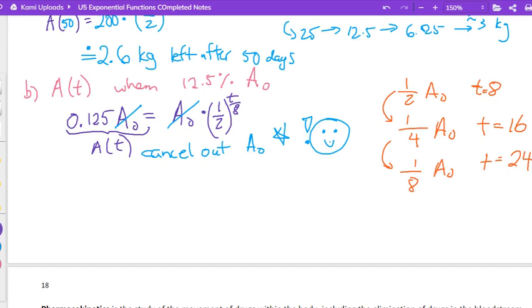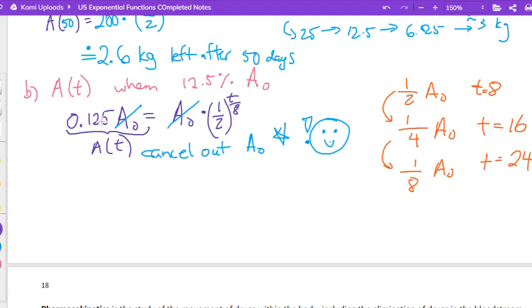And I'm going to say, come on, go back to April 23rd at 11:15, where we had a question where we didn't need to know the original amount because you cancel it out. So anytime you are told the percentage of something remaining, you don't need the original amount. All right, so let's see what else we can do.